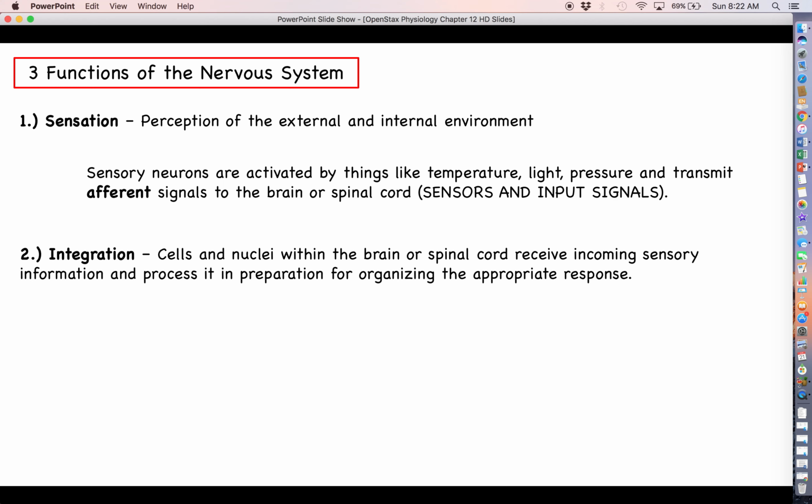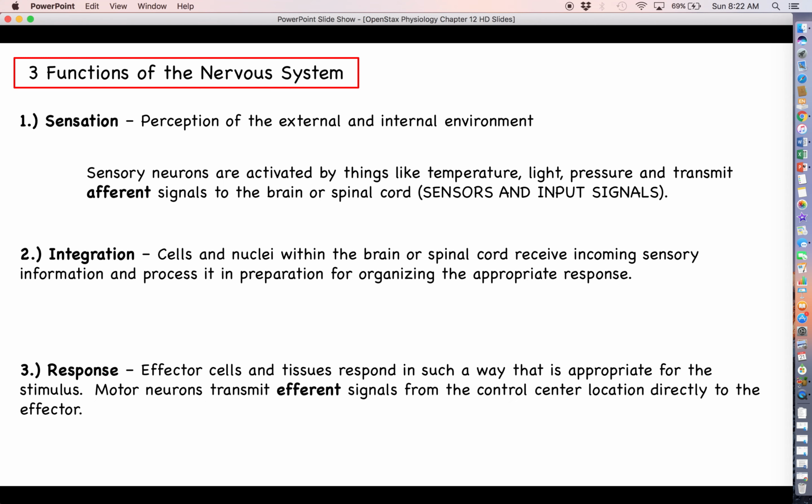So after that comes integration. So once we get that information delivered to our control center, cells and nuclei within the brain or the spinal cord will receive that incoming afferent information and process it to decide on what is going to be the appropriate response. If our blood pressure drops, the brain is going to have to decide, okay, what do we do to get it back up, right?